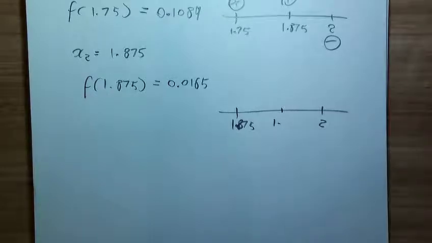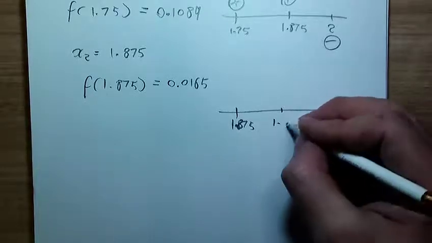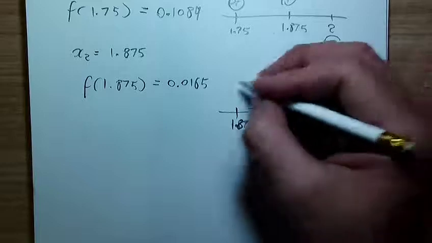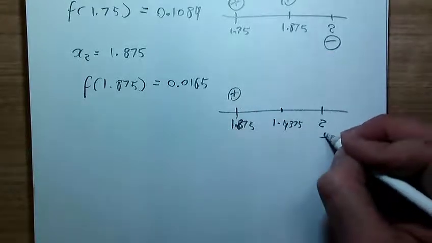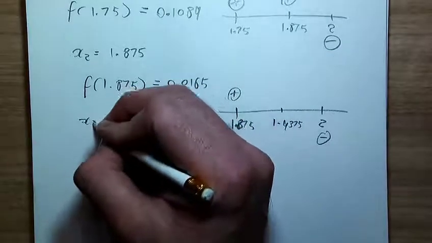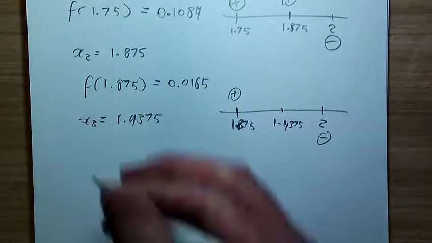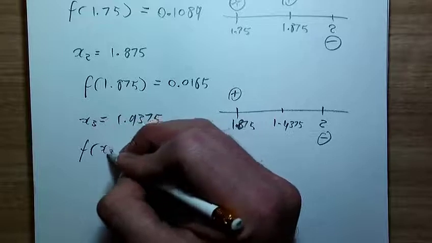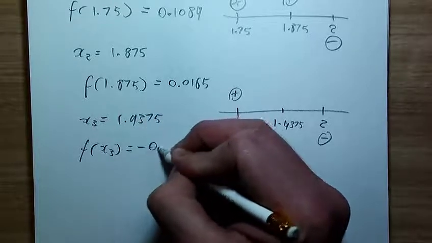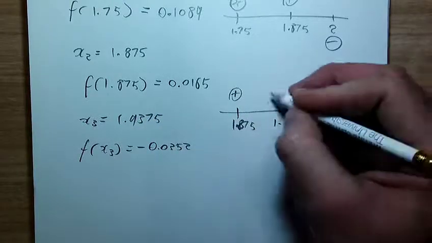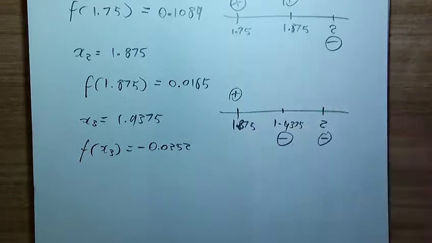What's this one? 1.9375. And what do we get when we do f of that? Negative 0.0352. So it's negative here. I'm drawing the negatives below and the positives above, and so it's now in this zone.